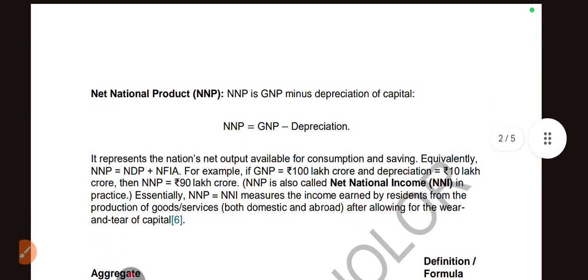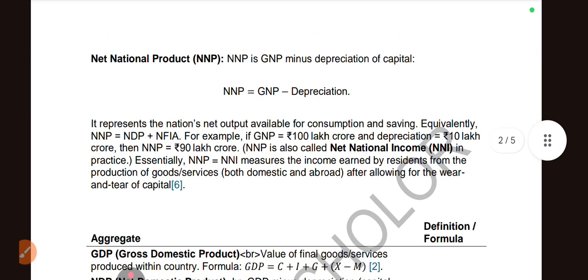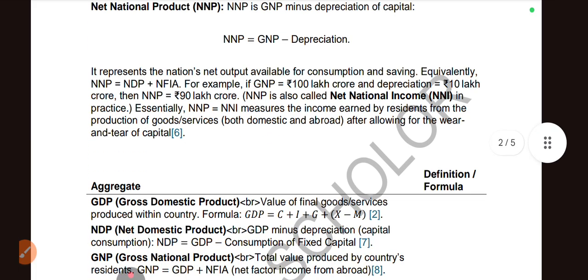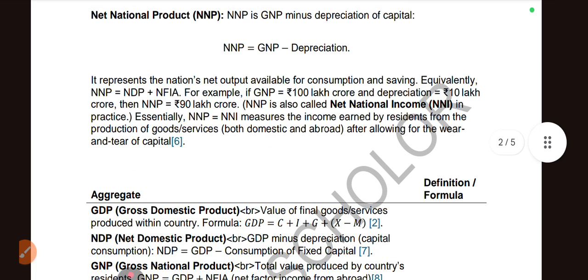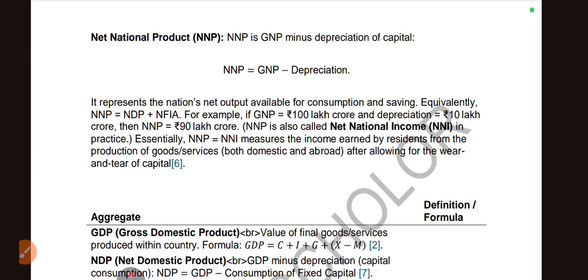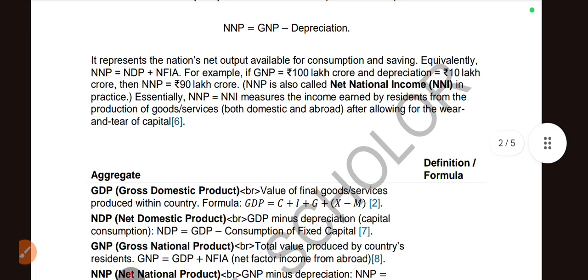Okay, the next is net national product. NNP is GNP minus depreciation. So it represents the nation's net output available for consumption and saving. Equivalently, NNP is equal to NDP plus NFIA.